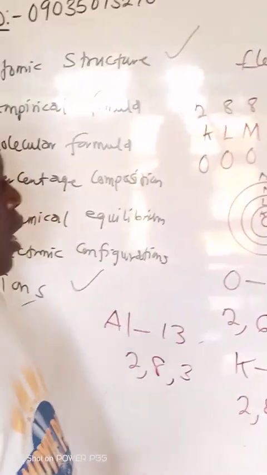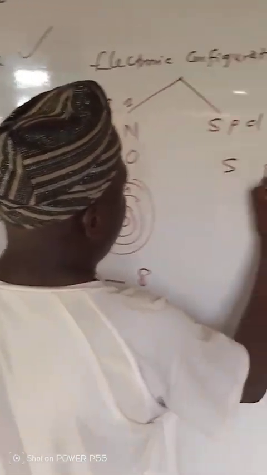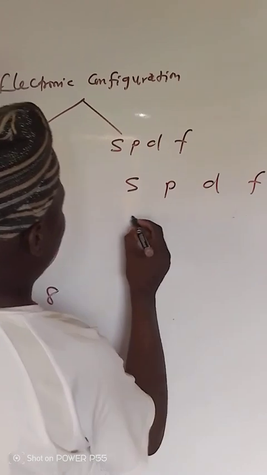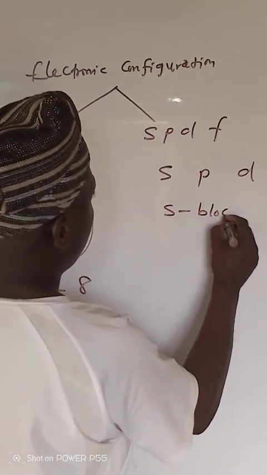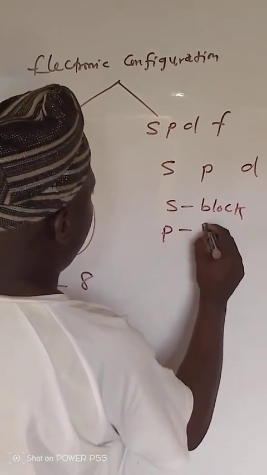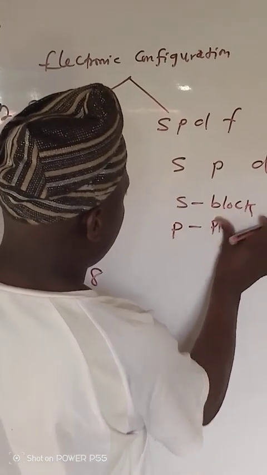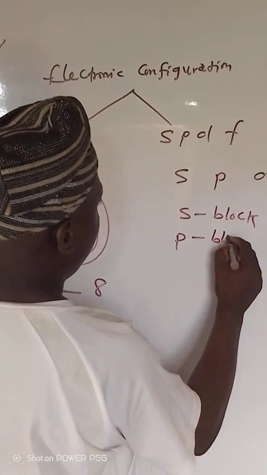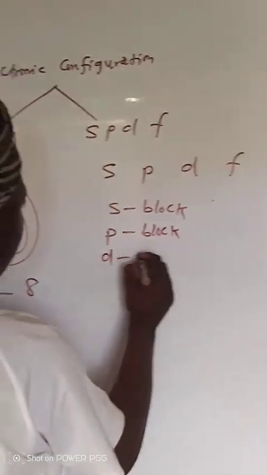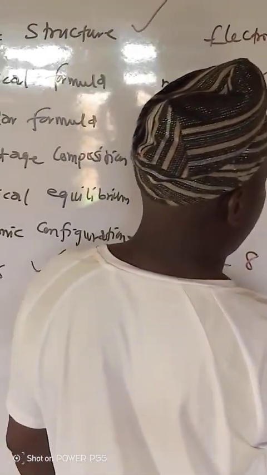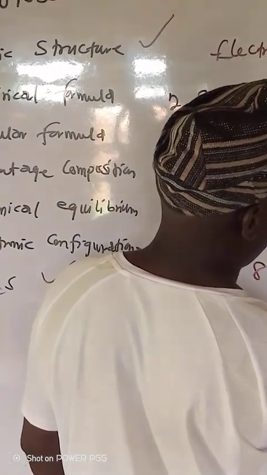Now, let's move to Spdf. Know that S means S block, P block, D block, F block.